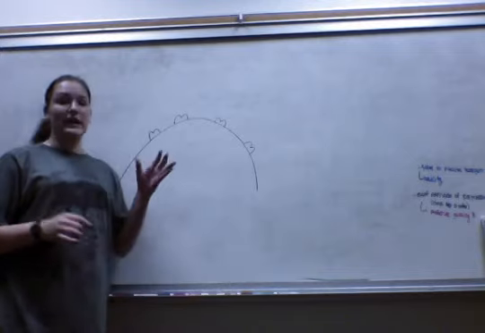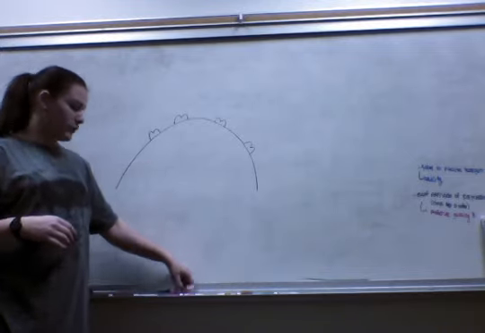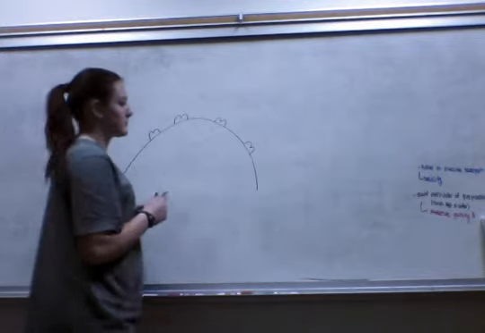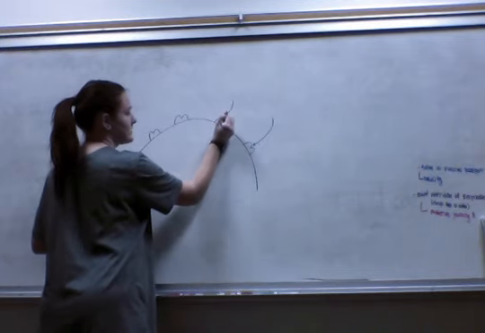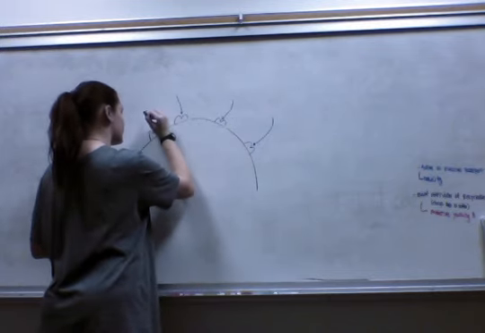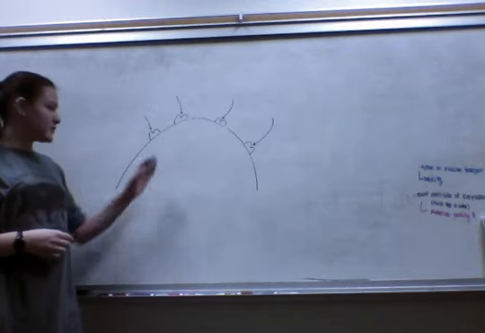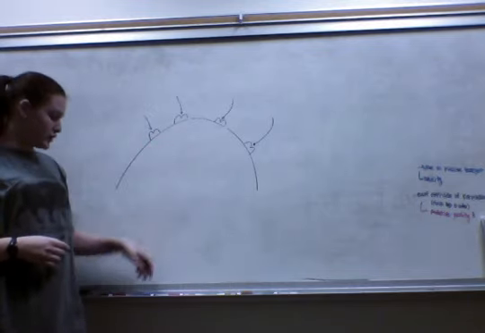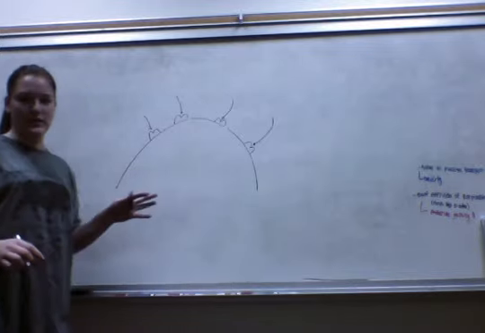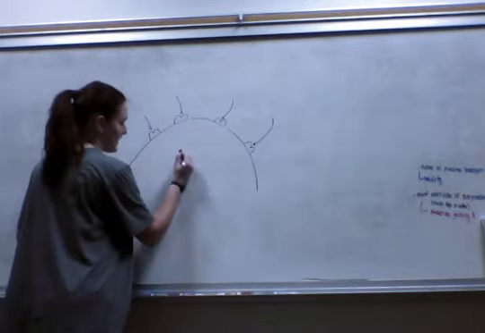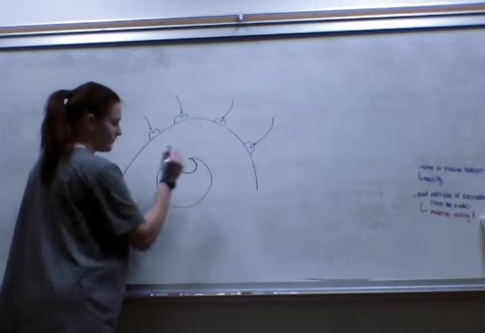When it needs to bring something in, whatever that thing is will end up binding to each of these active sites. It'll bind to all those active sites, which will then end up pushing in. And then it's going to end up forming that vesicle like I talked about before.